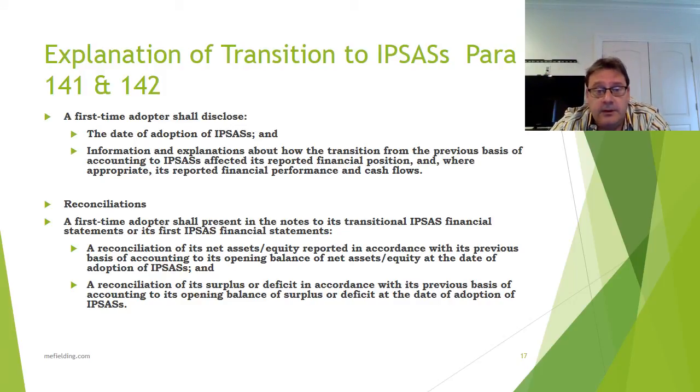I mean, it's going to be a huge number of transactions there, but that's what you're looking for, and that will give you the reconciliation between the old position and the new position. And obviously, as you've made all of those entries, you can just take the journals and cut them back down. So that's fairly straightforward. There you go. That is standard number 33. It is going to be monstrously important in real life.